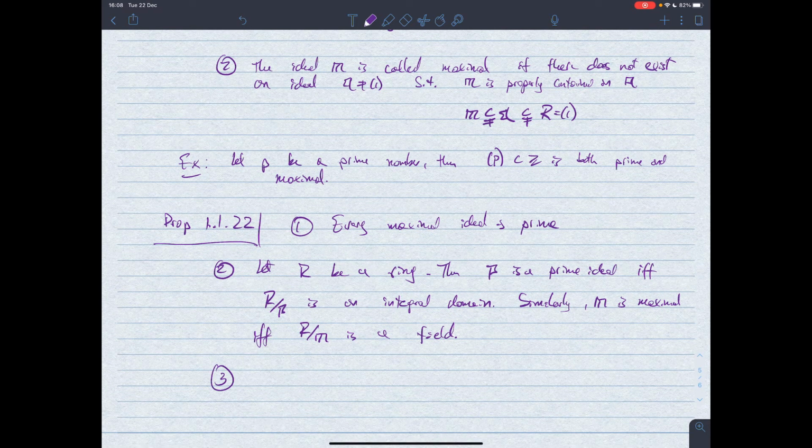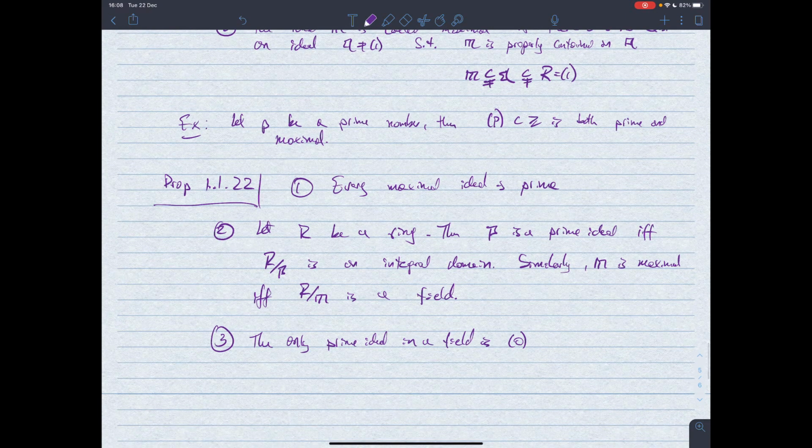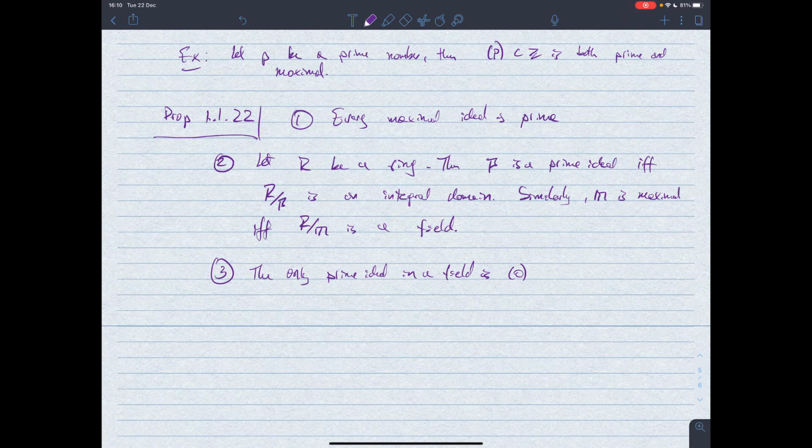3. The only prime ideal in a field is the zero ideal. Later on when we're talking about ideals, we're almost always going to ignore the zero ideal. But okay, that's the third condition.